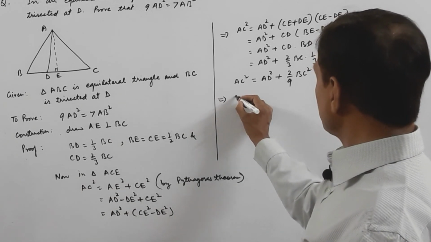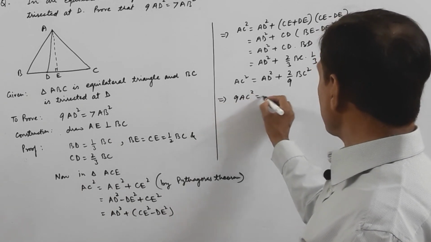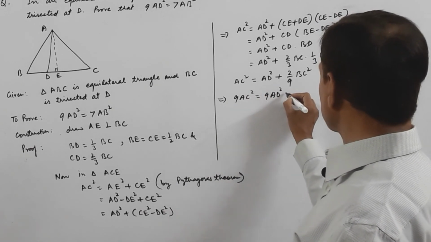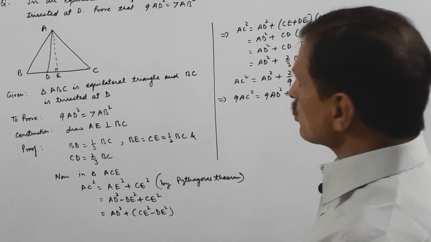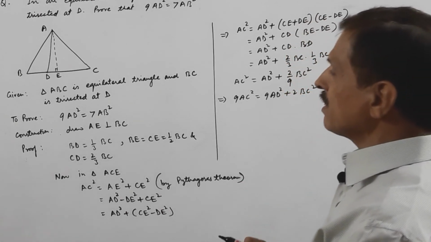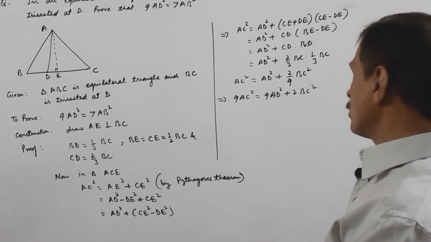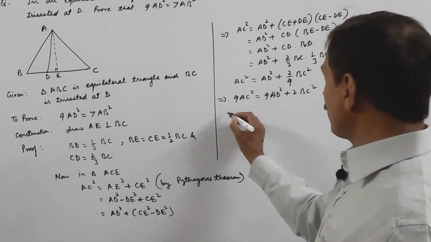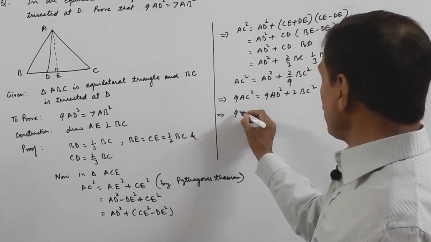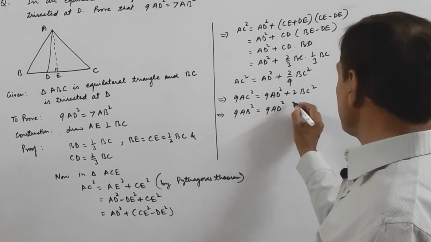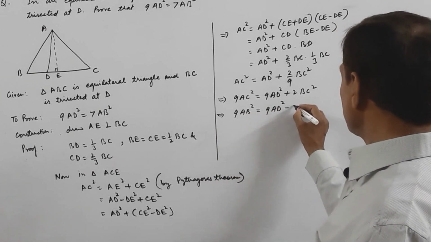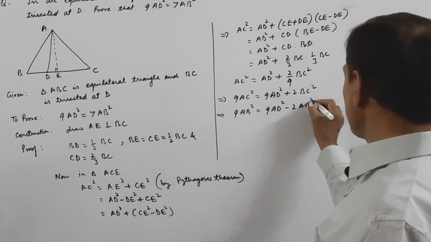It implies that 9AC² is equal to 9AD² plus 2BC². Because triangle ABC is an equilateral triangle, all sides are equal, therefore 9AB² is equal to 9AD² plus 2AB².